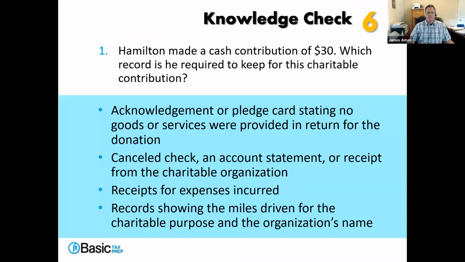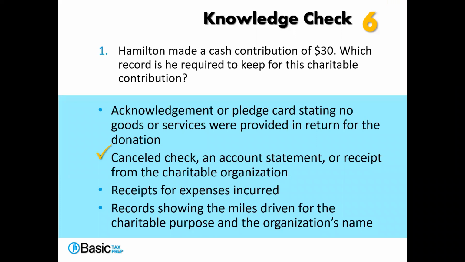Okay, so Hamilton made a cash contribution of $30. Which record is he required to keep for this charitable contribution? A. Bank record. Say B, canceled check or account statement.